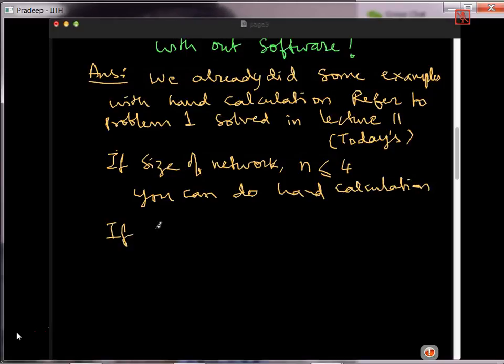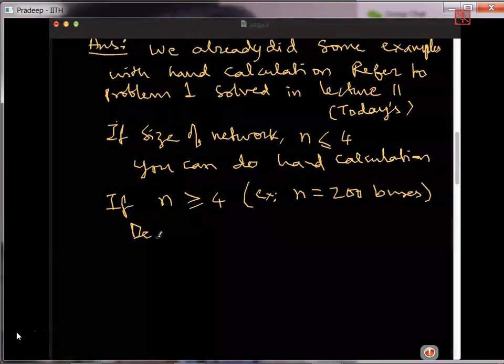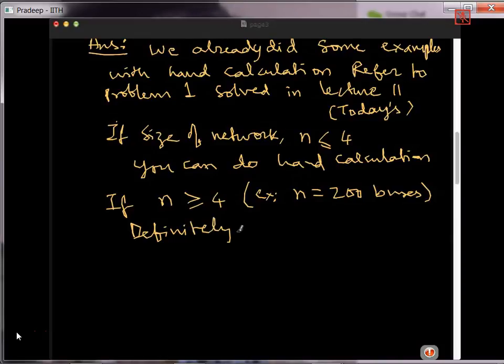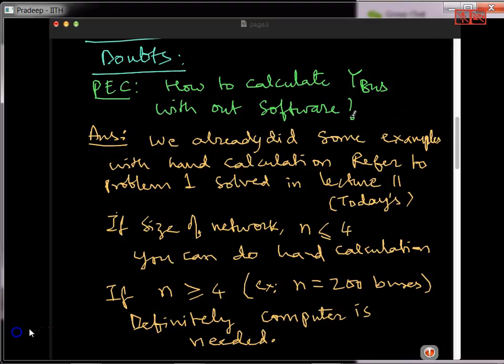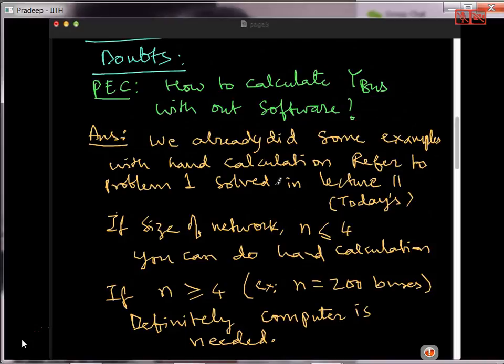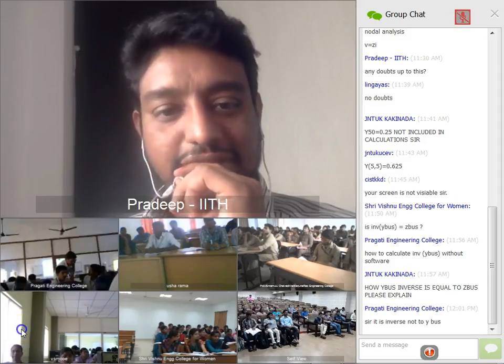If n is greater than or equal to 4, for example n equal to 200 buses, when you are solving a large network having 200 buses, then definitely a computer is needed. Hand calculation is very important because you should get the concept. But once you learn the concept, if you stop there, then it is not sufficient.